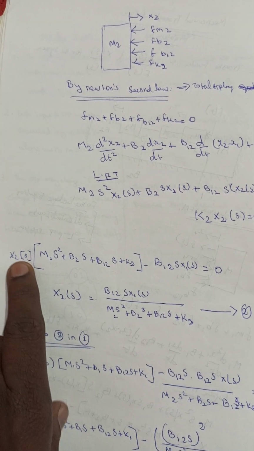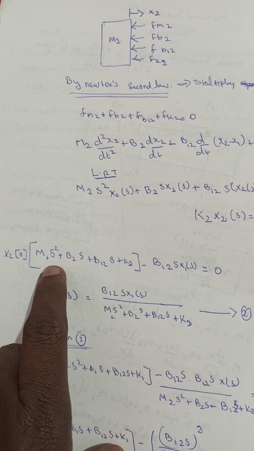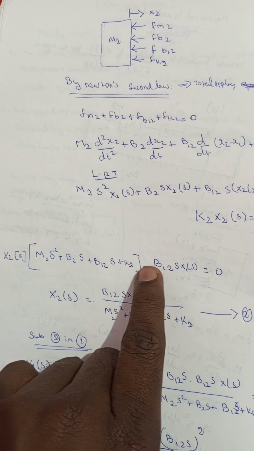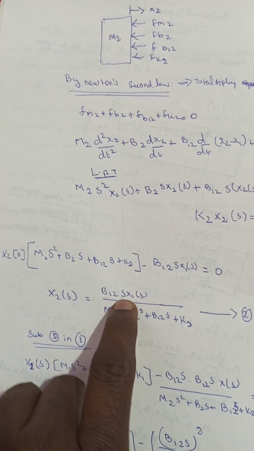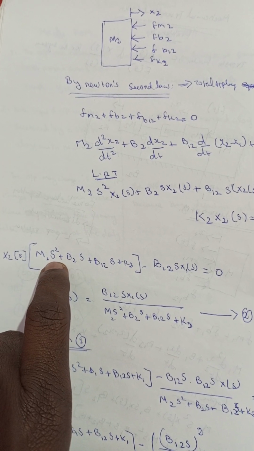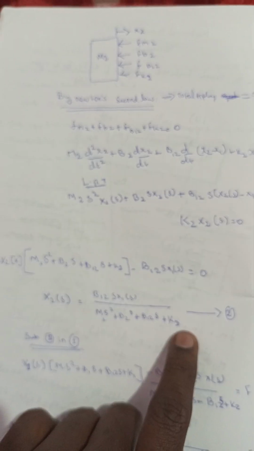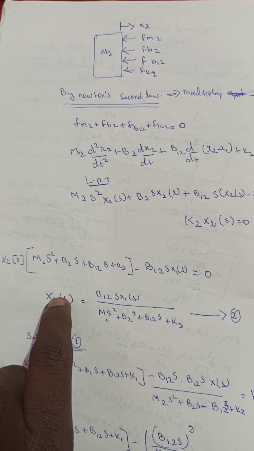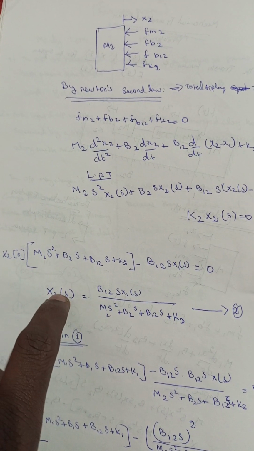Keeping X2 on the left side and taking the B12 s X1(s) term to the other side, this becomes positive, and the coefficient moves to the right side and goes to the denominator. We keep this equation as equation 2. So now we have the value for X2(s).